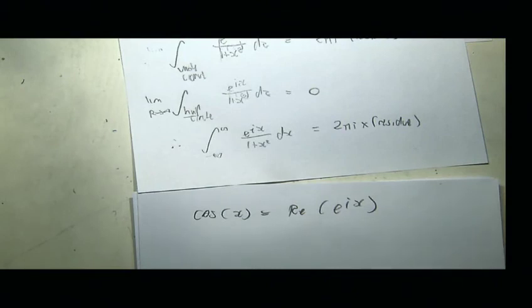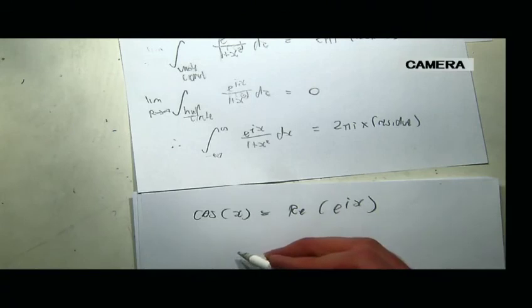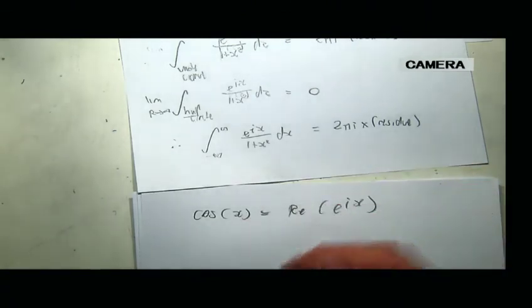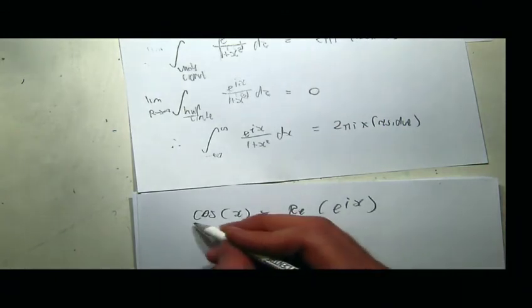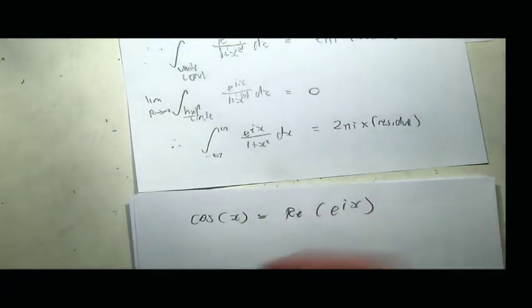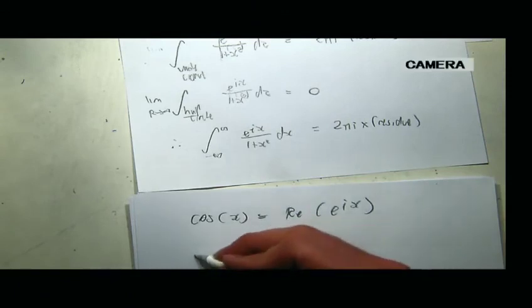Yeah, that makes sense because it's cos x plus i sin x. And so therefore the integral of cos x over 1 plus x squared, and dividing by 1 plus x squared, that's real anyway, so it's okay.